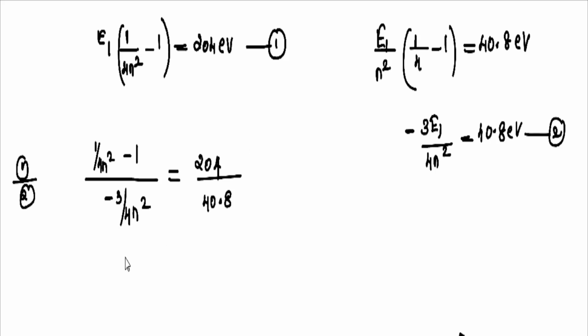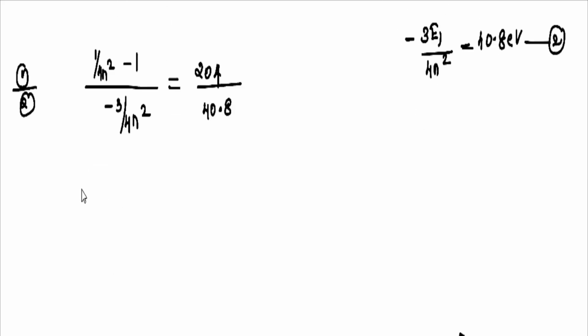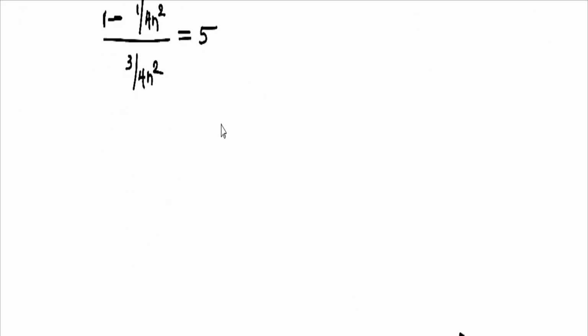We can rearrange this. So it is (1 minus 1 by 4n square) divided by (3 divided by 4n square), where the negative sign gets cancelled, is equal to 5, because 204 divided by 40.8 is 5.